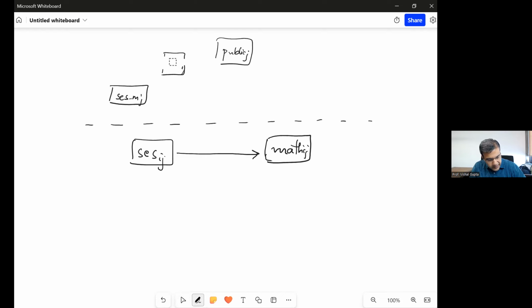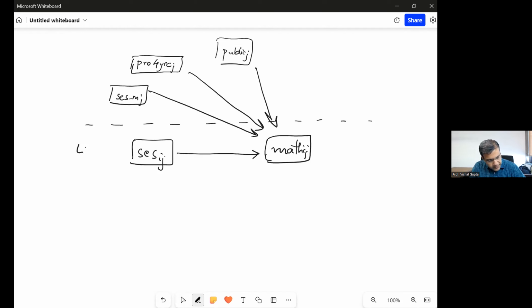Let me write this clearly so that you don't confuse. This is pro four-year college j. Now we want to test this on math. So this is L1, this is L2. So what do we write?